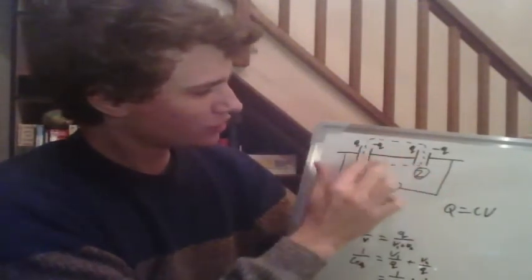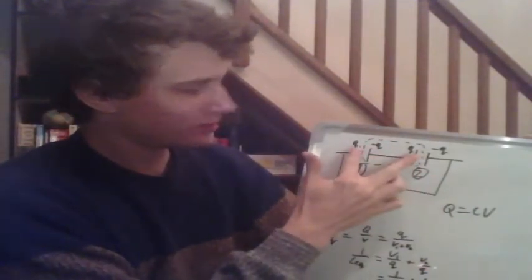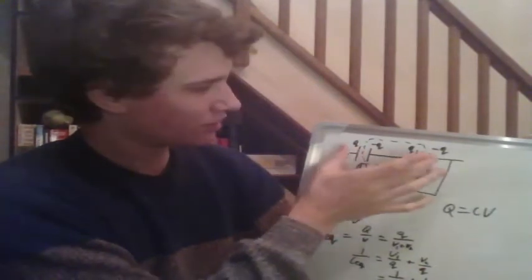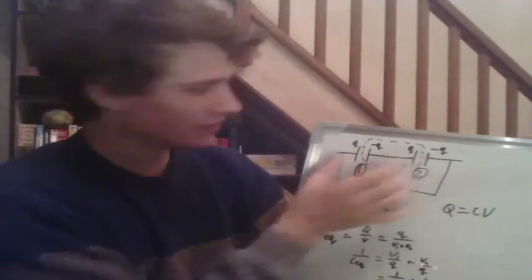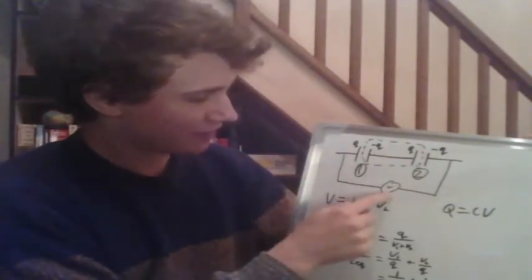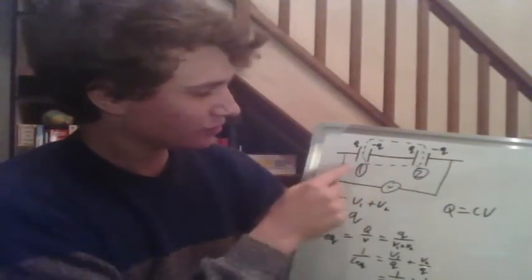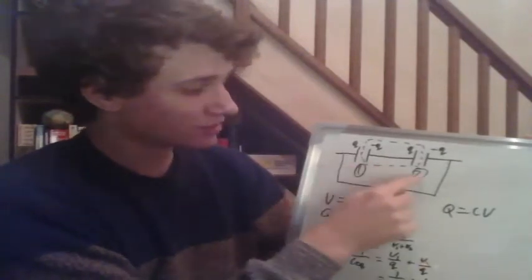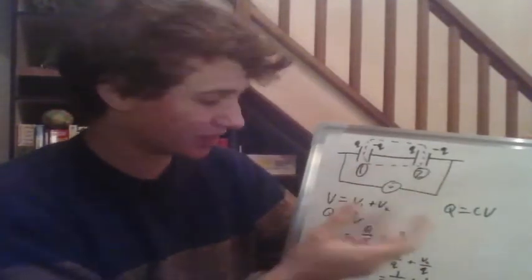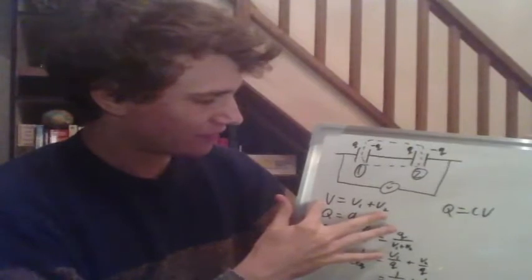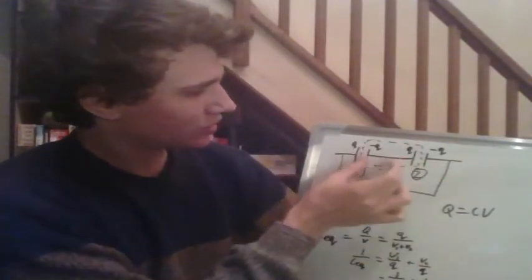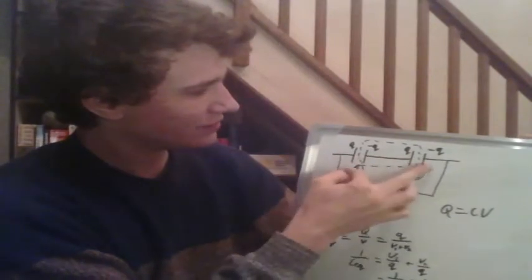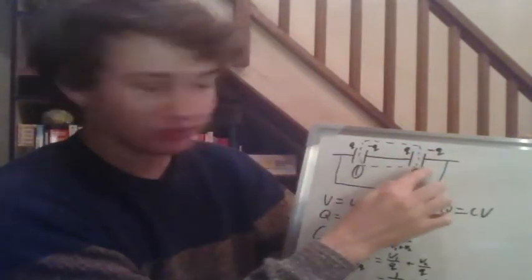So we can almost ignore this entire center part here and just think about this outer part as being a giant capacitor. So for that capacitor we have V as the potential difference, which is the same as the potential difference of this plus the potential difference of this, just by normal circuits. So we have the V for this equivalent capacitor, and since this part's ignored, we have two plates here that have stored Q and minus Q charge.